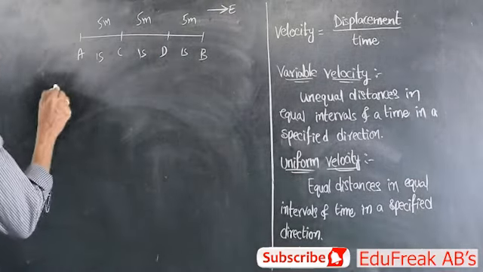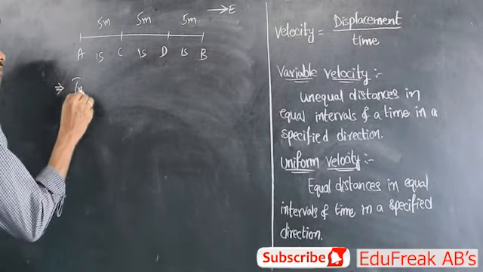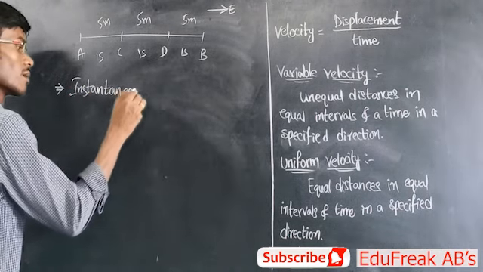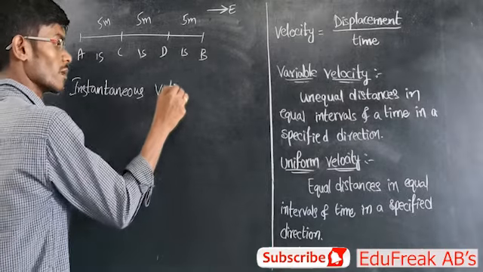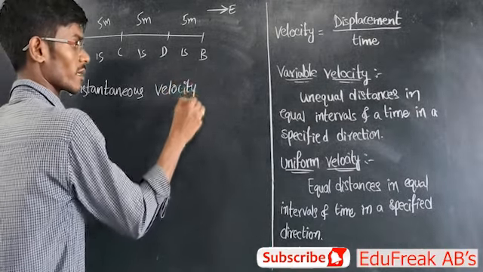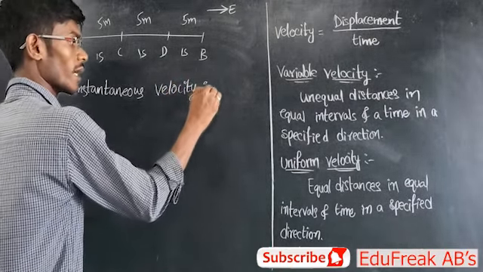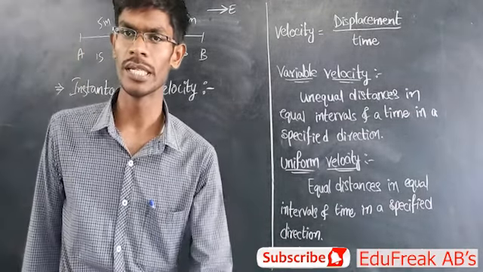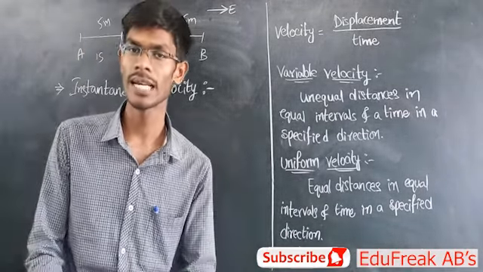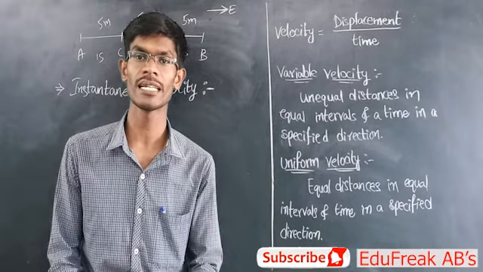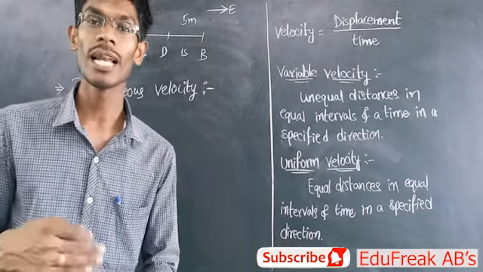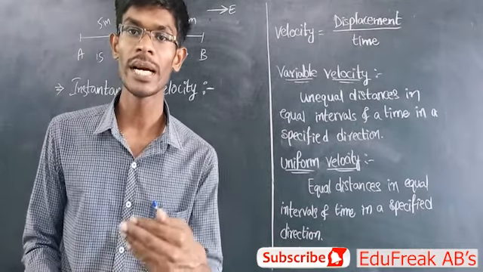Then one more velocity, instantaneous velocity. As we have seen, the speedometer of a car measures instantaneous speed, and the speed at a particular instant is known as instantaneous speed. In the same way, instantaneous velocity means the velocity of a particle at a particular instant.